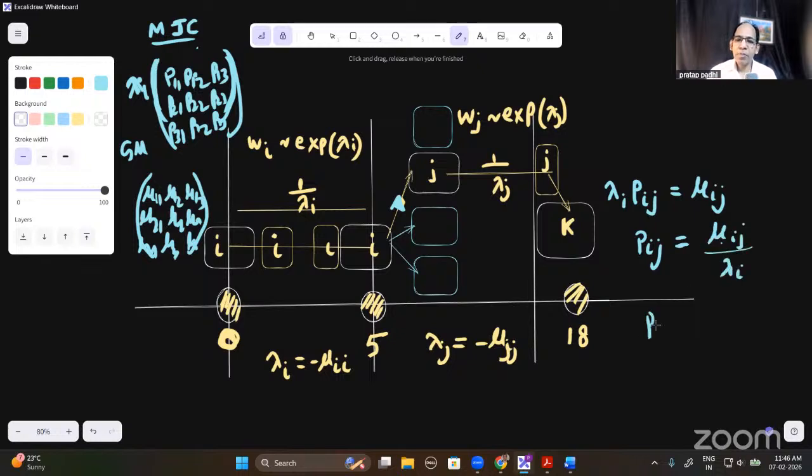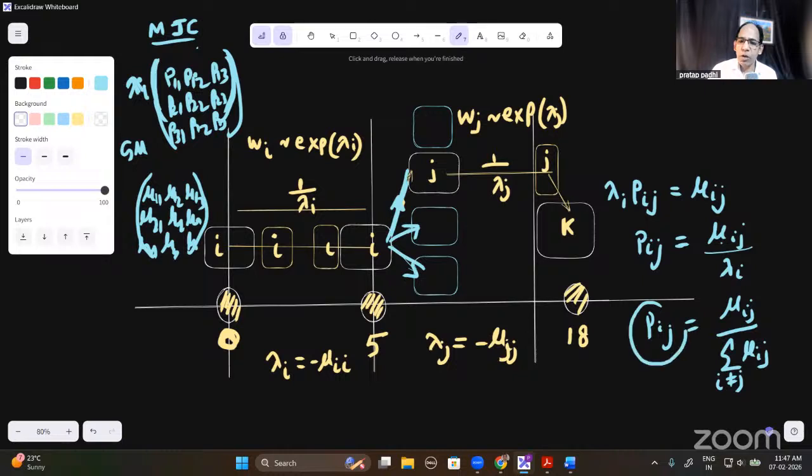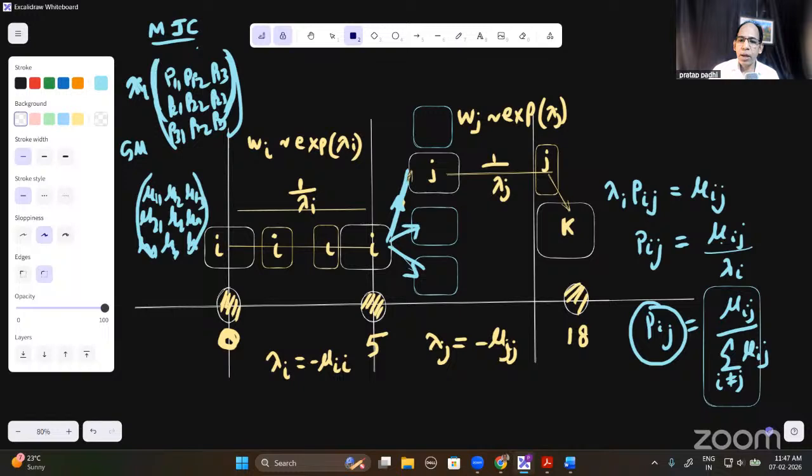That means these pij will be mu ij divided by lambda I, where lambda I is the summation of all mu ij with j not equal to i. That means if you have more chances here, all these are mu ij, and you find this mu ij divided by this plus this. That's all. This is what you have, and we will use this.